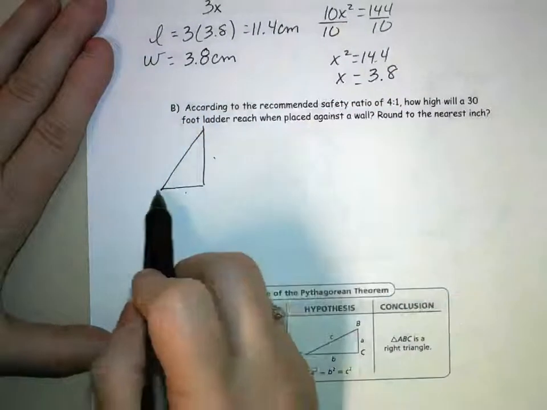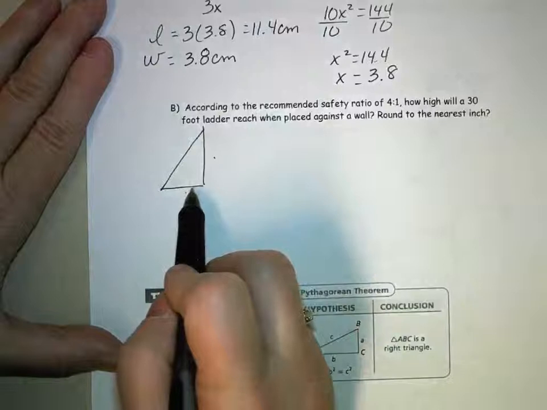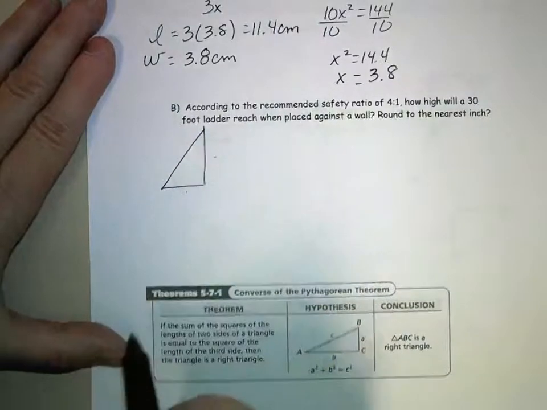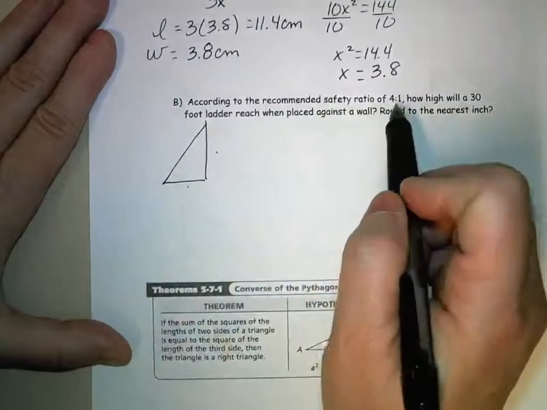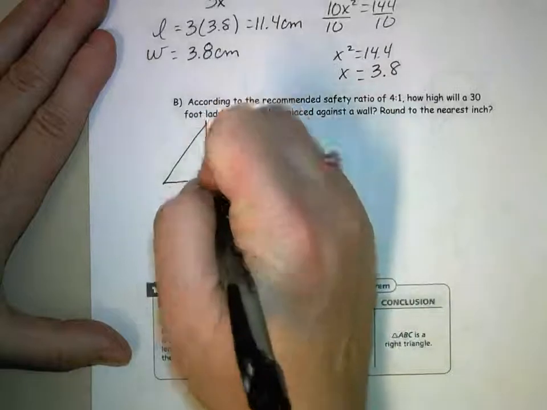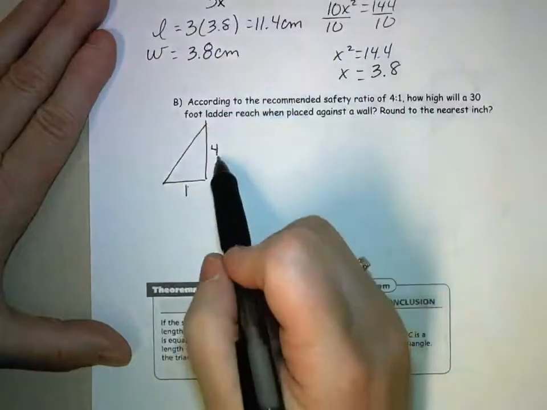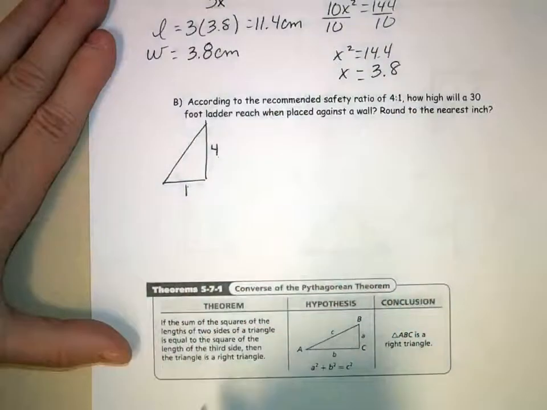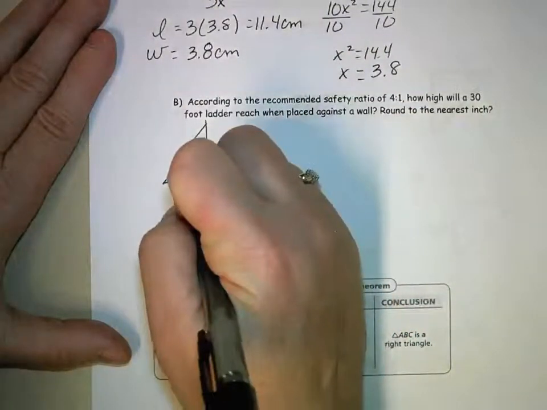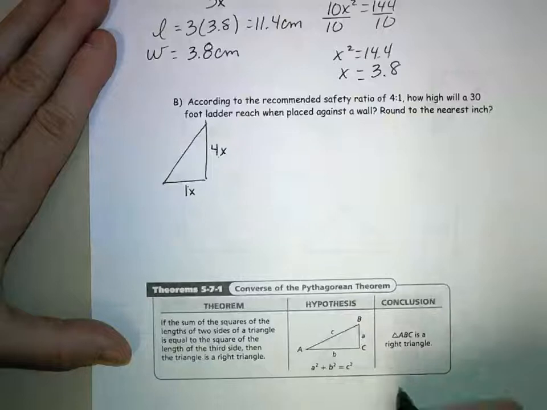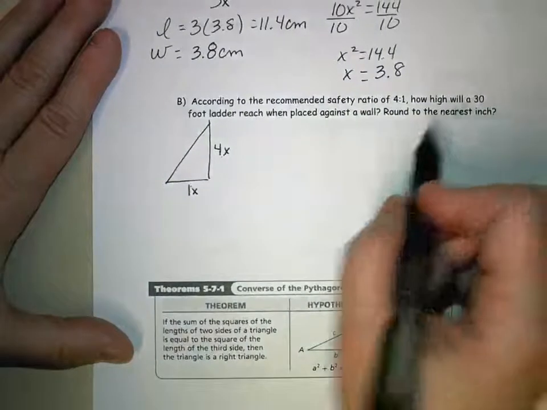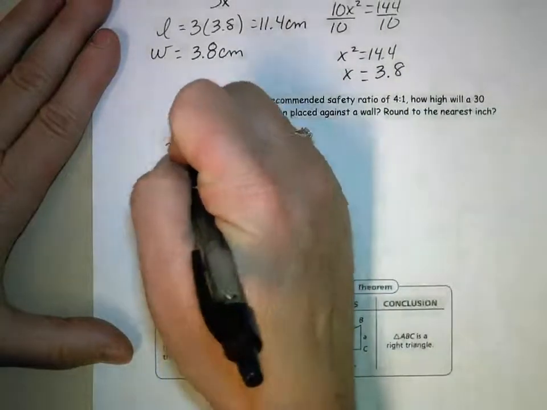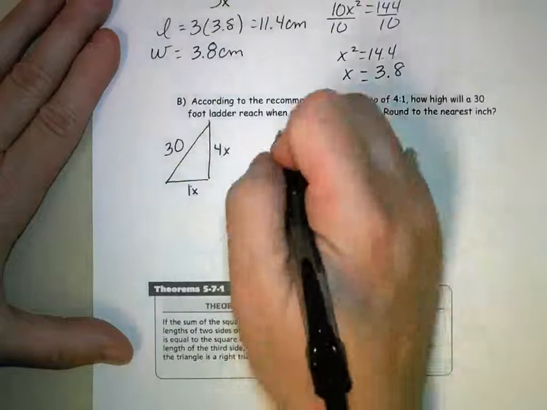And if you get the base of the ladder too close, when you climb up, you're going to fall backwards. So there's this recommended safety ratio of 4:1. For every 4 feet the ladder goes up the wall, it should be 1 foot away from the wall. And this is a ratio, so we're going to have x's in there. And then the question is, how high will a 30-foot ladder reach?